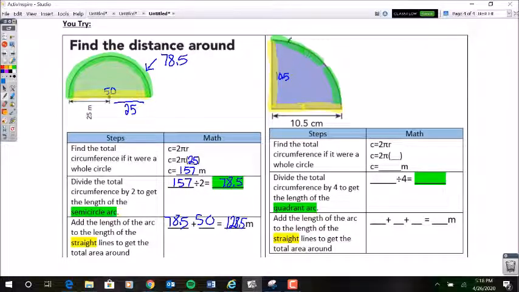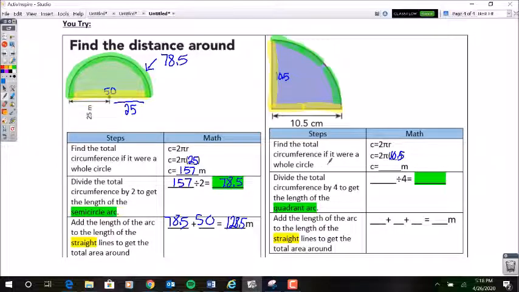Alright, and the second one here, this time we have a quadrant. So the first thing we're going to do is find the arc of the quadrant. They have the radius right here, and again, if you need to imagine that this circle was completed, this would just be a radius right here. So 2 times pi times 10.5, alright?